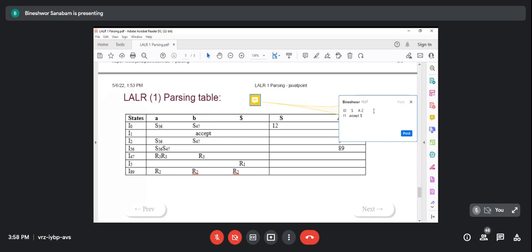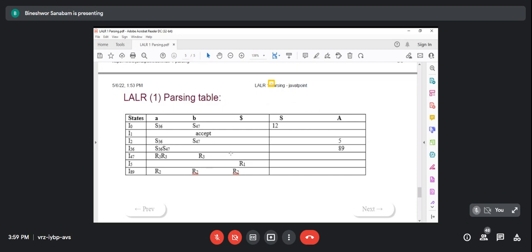Then in I2, as usual, it must have, as given here, S36, S47, and then 5 in A. I0, I think everyone is okay.